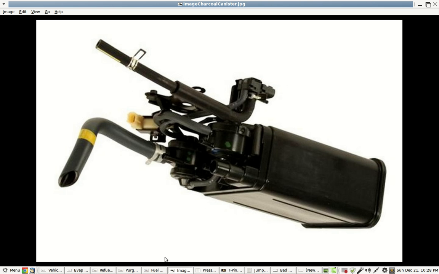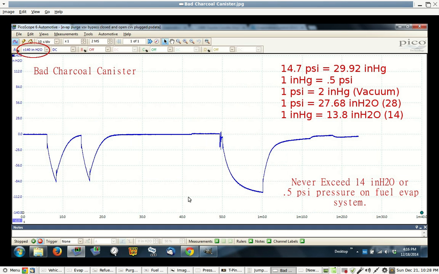And remember, you have to plug this off to use pressure to see where it's leaking from. So you've already done the integrity check on the charcoal canister and it passed. Then you've got a fuel tank problem, a cap problem, something like that, and for that, you can use pressure. That's how this system was designed, and that's what the computer uses to check it out. So the first thing we have to do on this one is replace the charcoal canister.